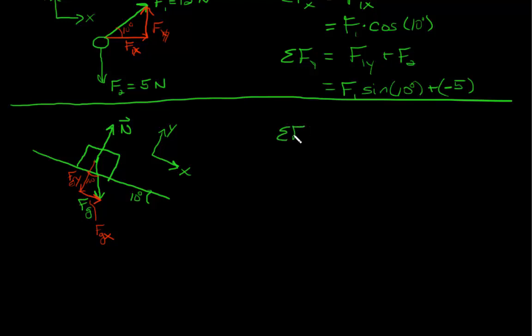So my net force in the x direction is going to be anything that's in the x, up and down the ramp. And it looks like it's just that one, my Fg in the x direction. And Fg in the x direction, it's opposite the angle. So it's going to be the magnitude, Fg, times sine 10 degrees.